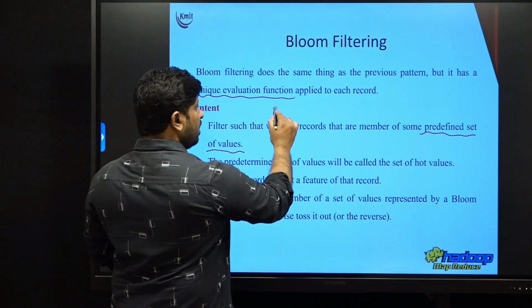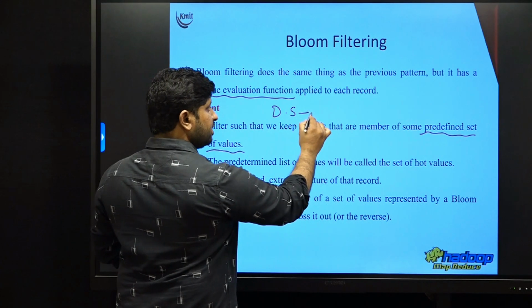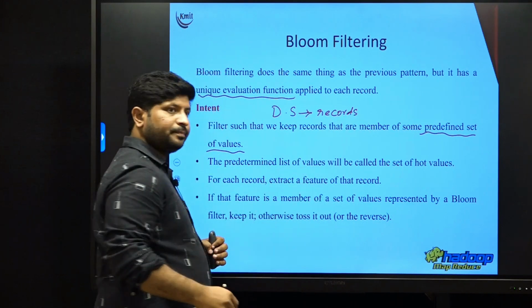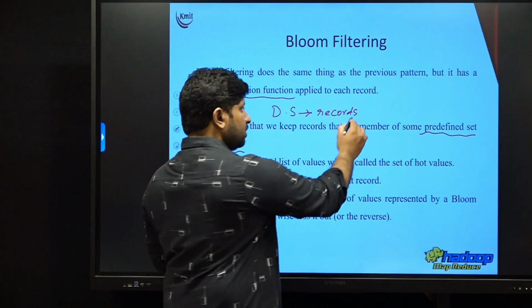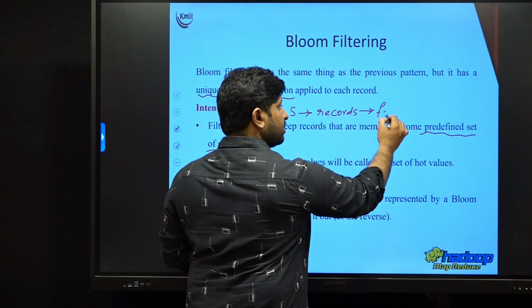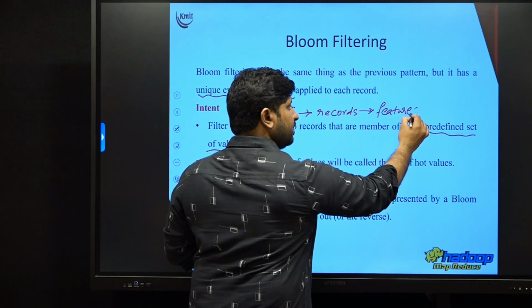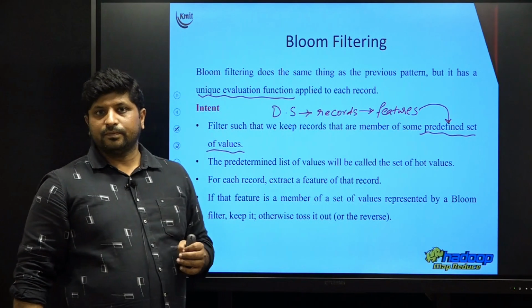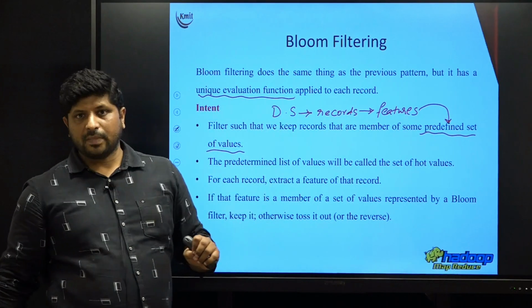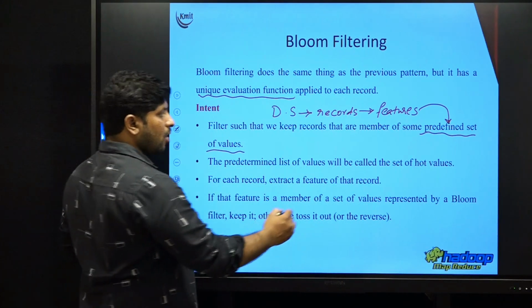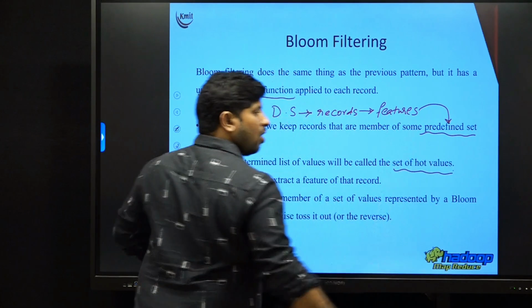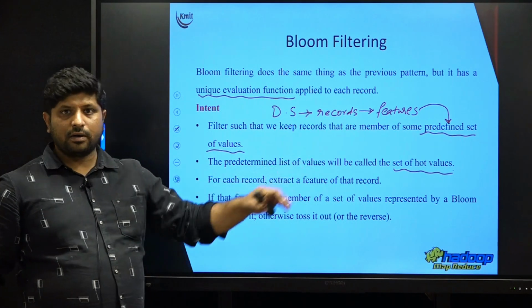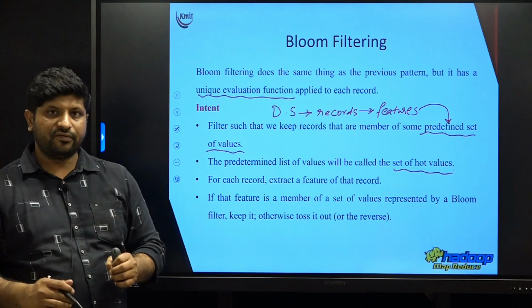What I am saying is, from this data set you separate the records, and on these records you extract the features. These features form a predefined set of values, features of a particular record, and that predefined set of values is called hot values. They are stored onto your HDFS.